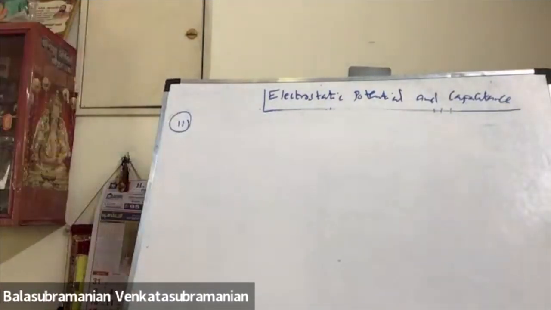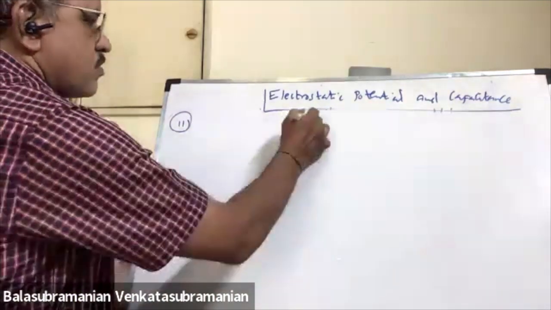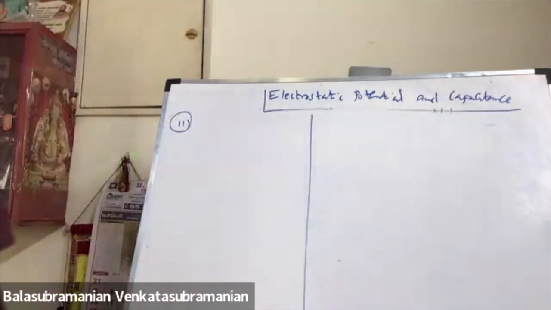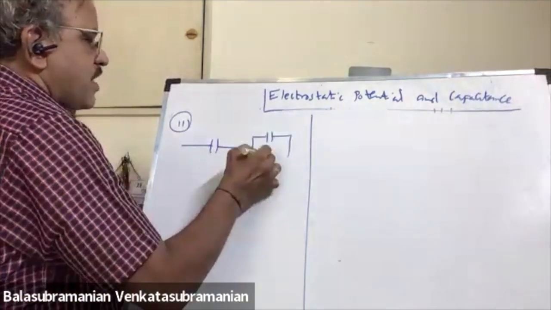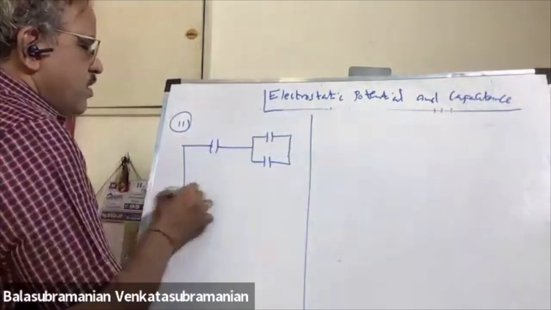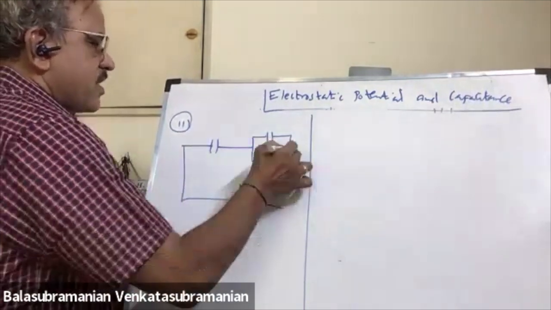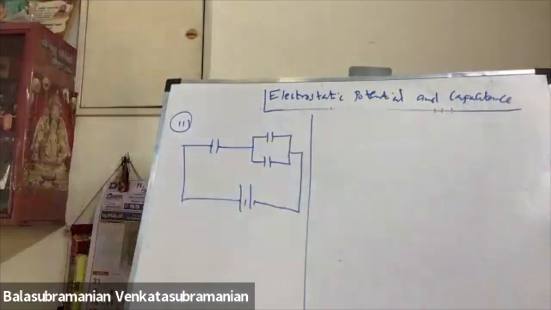In the circuit shown in the figure, calculate the potential difference across 4.5 microfarad capacitor. Question: one capacitor, another two capacitors connected in parallel, and the entire combination connected to a supply voltage that should be 12 volts.